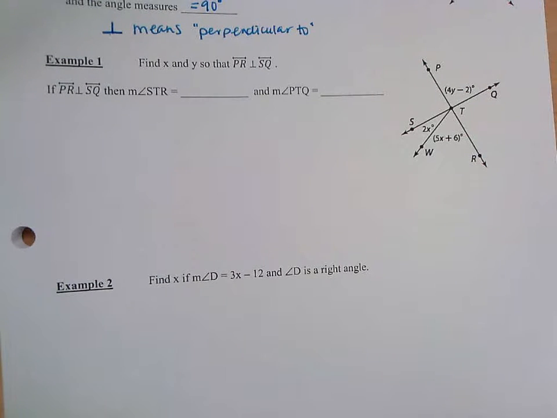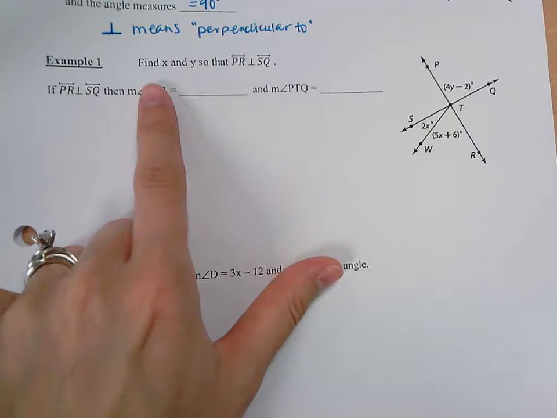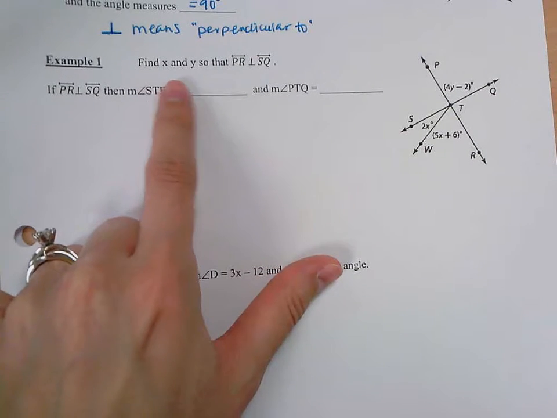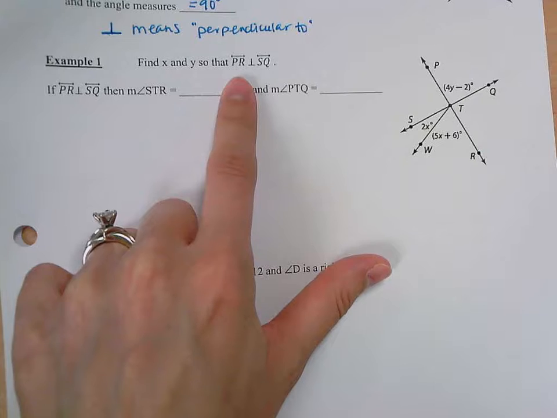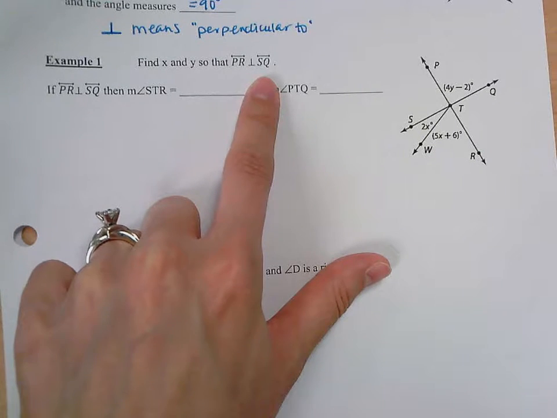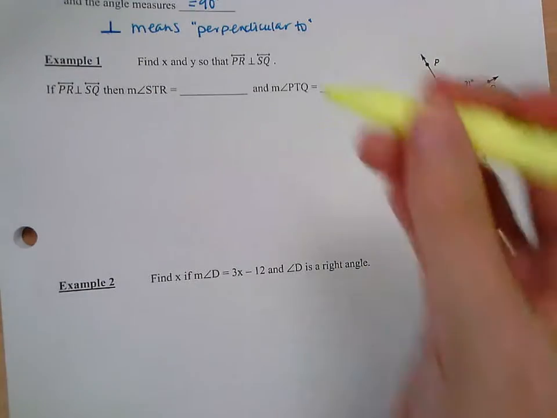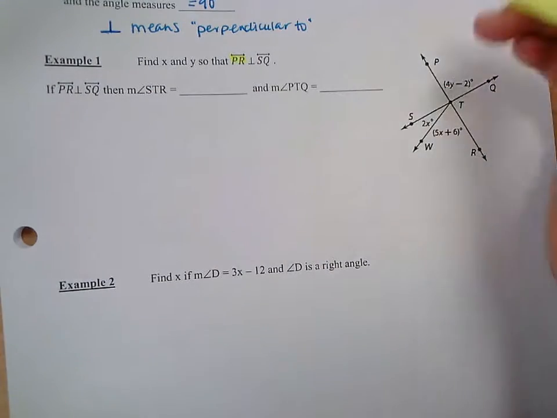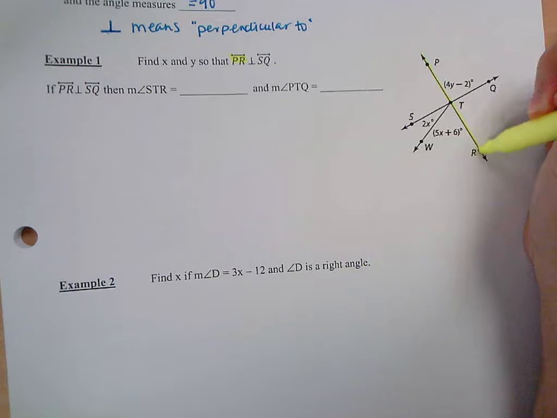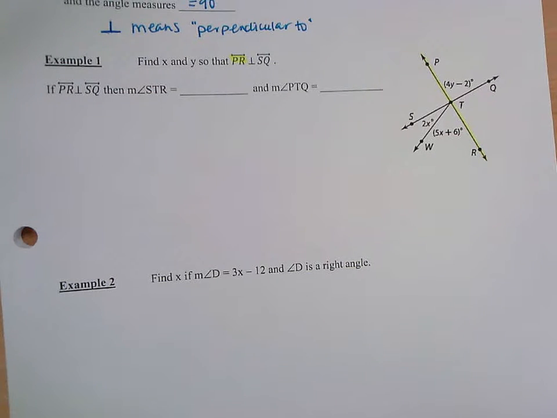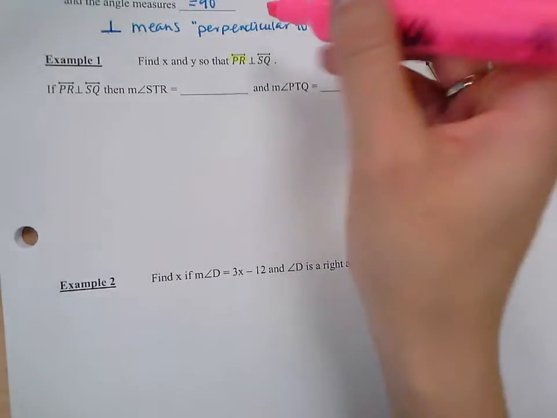Okay, so example 1 says find x and y so that line PR is perpendicular to line SQ. So I'm just going to highlight line PR and then line SQ.